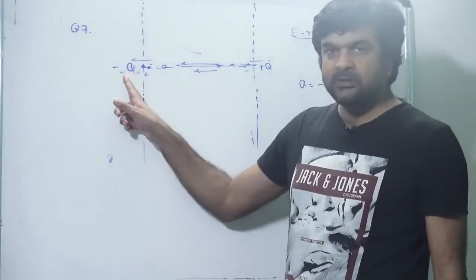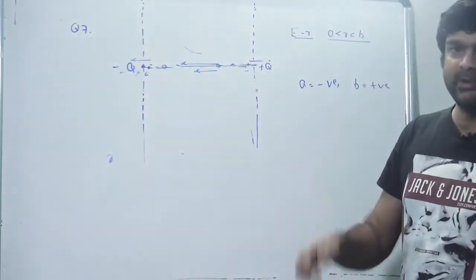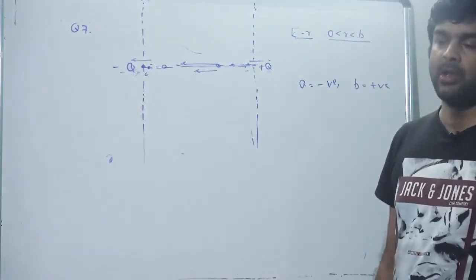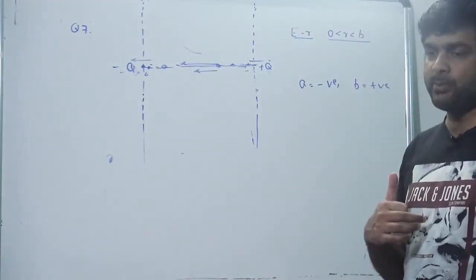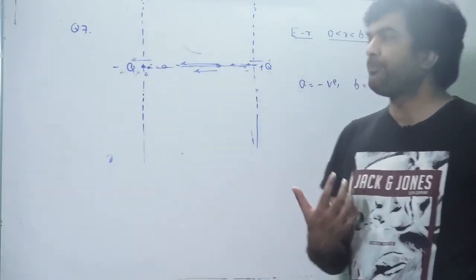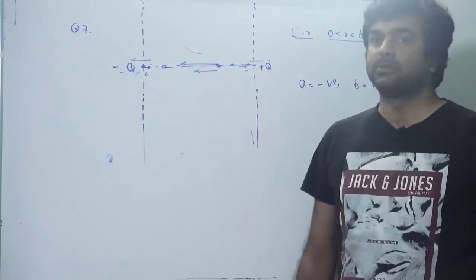Because of this negative charge, electric field will be towards left. Because of this positive charge, electric field will be towards left. So net electric field will be towards left. And if we have taken right side to be positive, left side will be taken as negative, so the graph will be below the x-axis. It is negative.